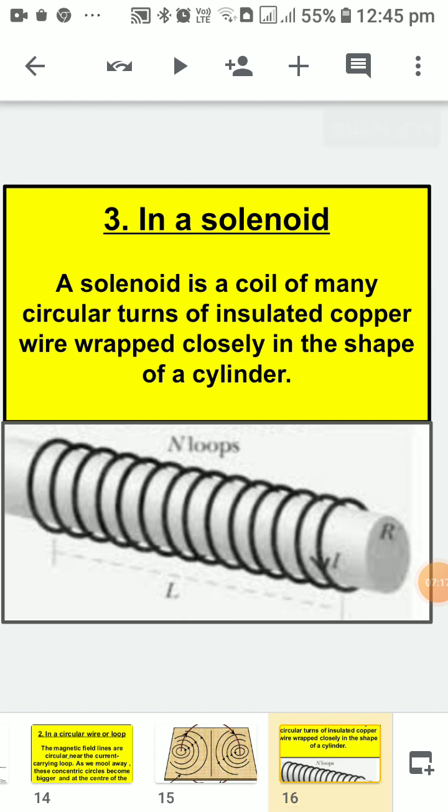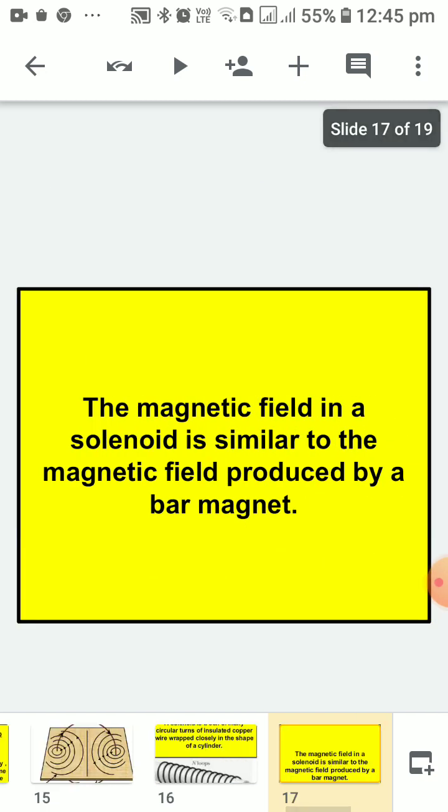Now the next one is a solenoid. Children, a solenoid is a coil of many circular turns of insulated copper wire wrapped closely in the shape of a cylinder. You can see here the diagram of a solenoid. The magnetic field in a solenoid is similar to the magnetic field produced by a bar magnet.